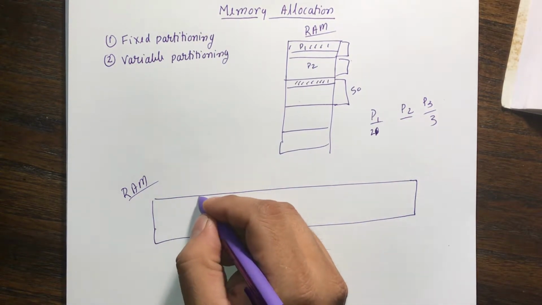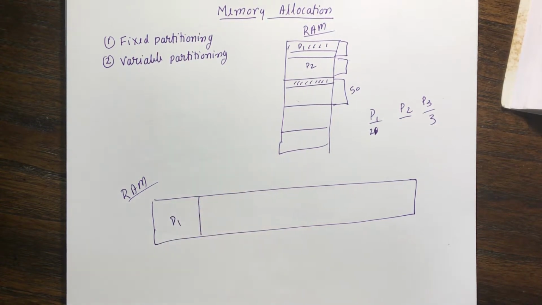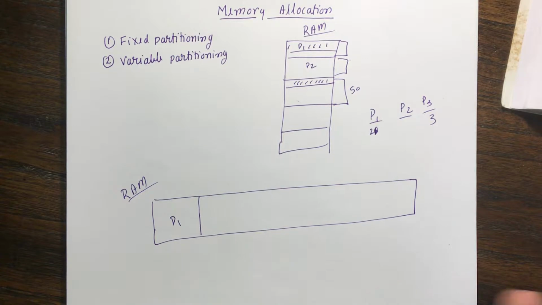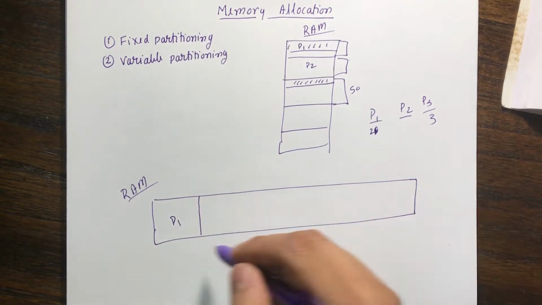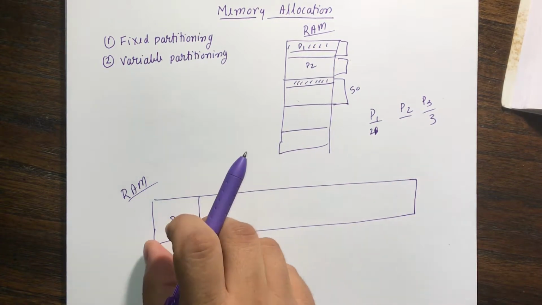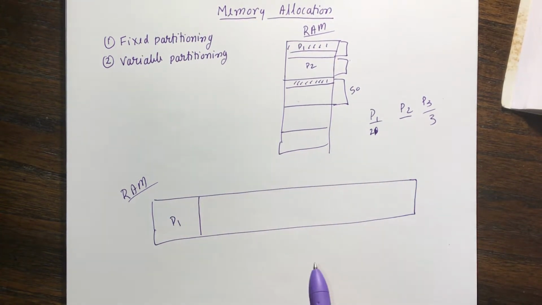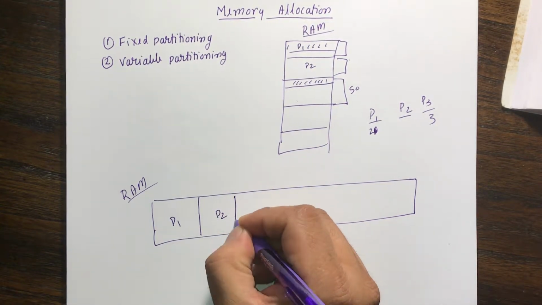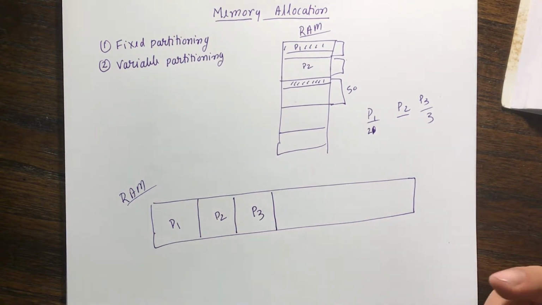The process P1 will come over here and occupy this space. Think about this space as a doubly linked list, so you can go front and back from there. Everything earlier was a hole, and now P1 fits inside it, so your hole size became smaller. Then P2 comes, and then P3 comes. So P1, P2, P3 have occupied their space.